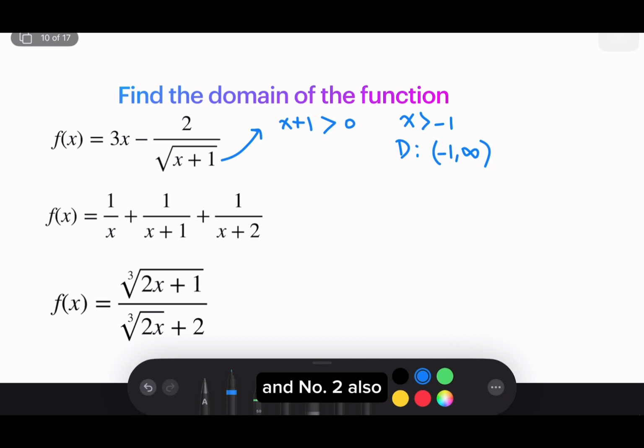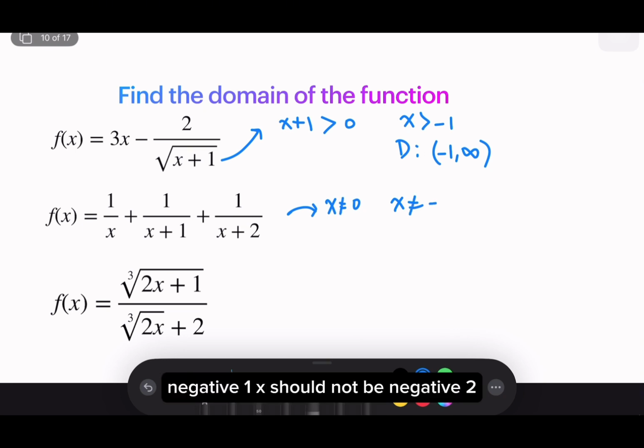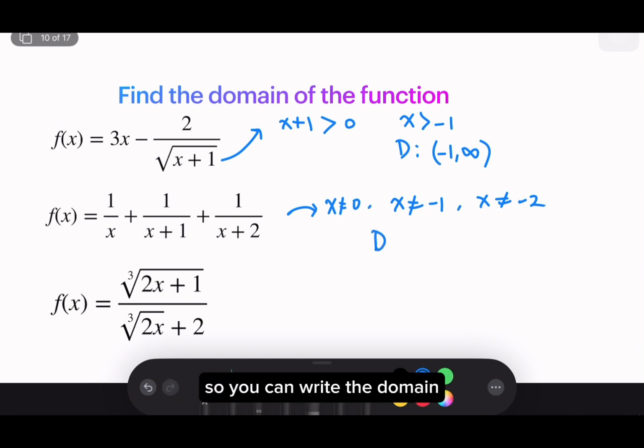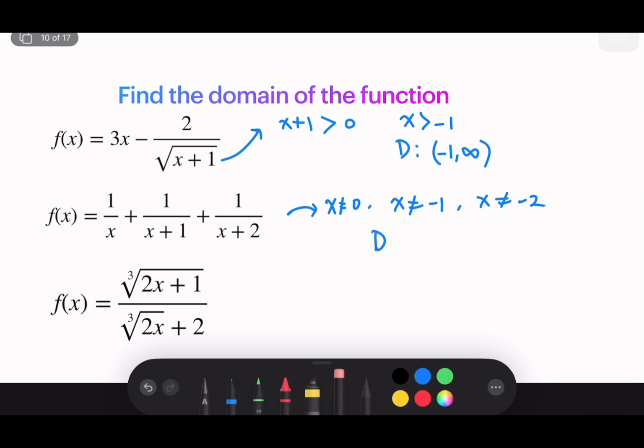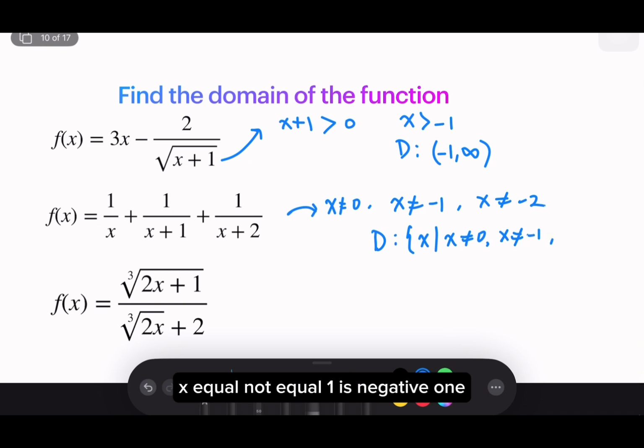And number 2 also, x should not be 0, x should not be -1, x should not be -2. So you can write the domain as x is not equal to 0, and x is not equal to -1.